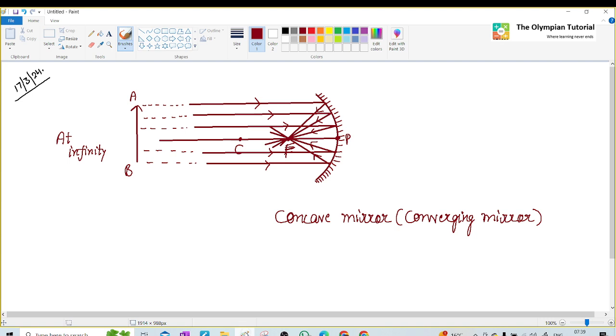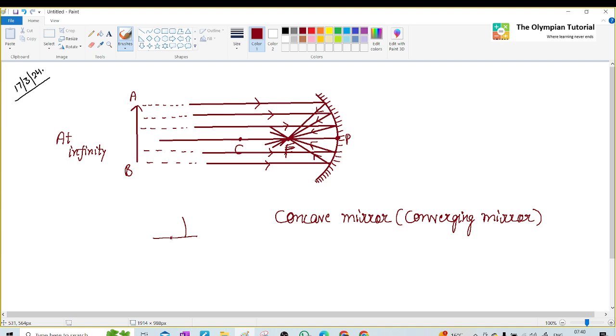After that, we will write an activity. In this activity, students, what will happen? We have a concave mirror. If we put it in contact with a paper, suppose it's a sheet of paper, we will make the direction in this way so that the focal point comes on the sheet of paper.